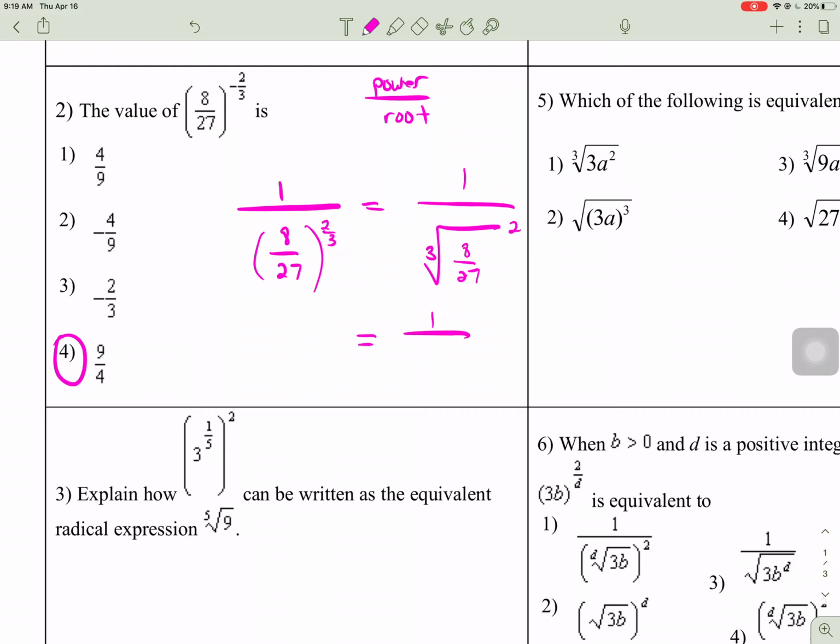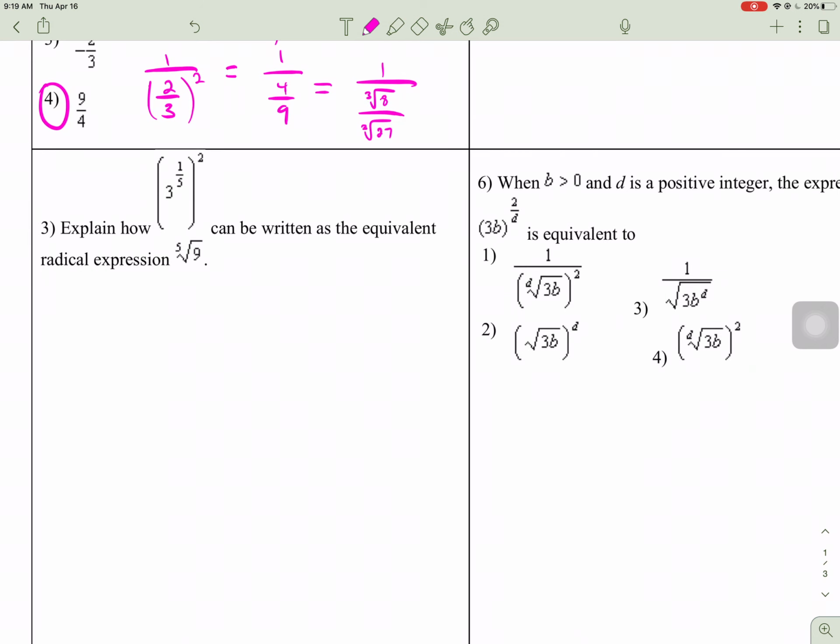Well, you can do the cubed root of 8 over the cubed root of 27, right? What number times itself 3 times is 8? You can do it in the calculator. It's 2. What number times itself 3 times is 27? It's 3. So you get 1 over 2/3 squared. Don't forget the squared on the outside here, which is 1 over 4/9, which when you keep, switch, flip is 9/4. Just do it in the calculator though.